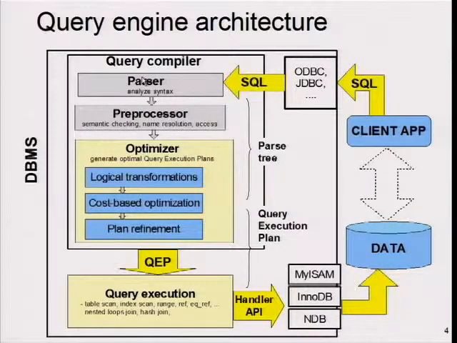One of them is already here, all kinds of variants of nested loop join, and currently I'm working on hash join. And the query execution engine, through the handler API, basically our term for storage manager API, goes and accesses the database through different storage engines. So here I've put three of them, but there are many others already existing for our system.